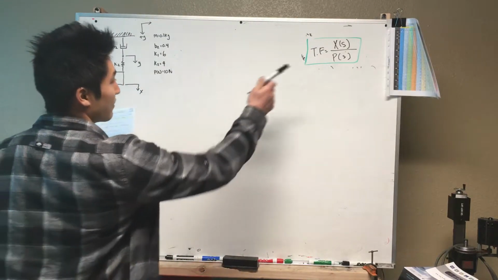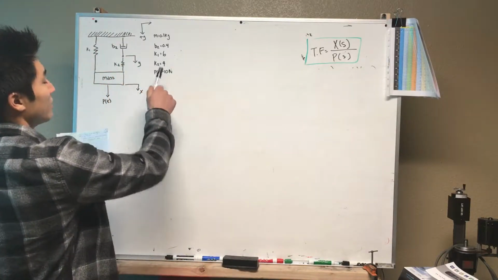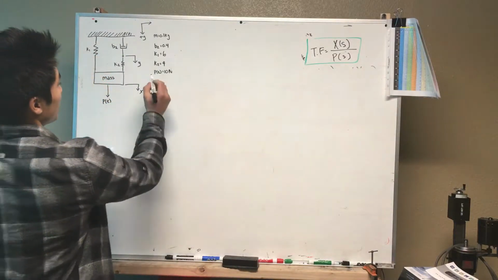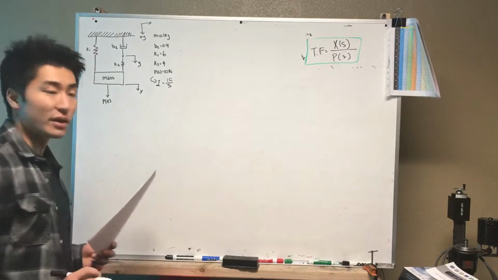rewrite. So now that we got our transfer function, we're going to multiply it by 10 newtons over s, because P of t, once we take the Laplace of it, is going to be 10 over s, right?